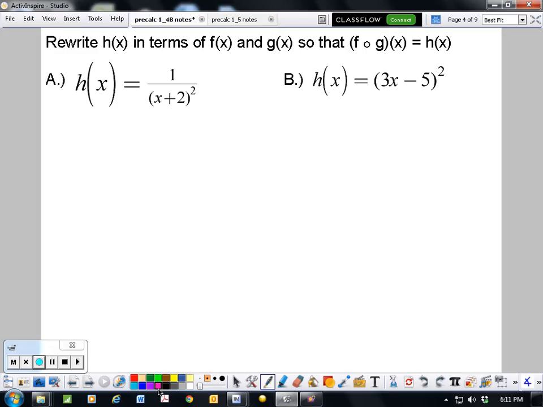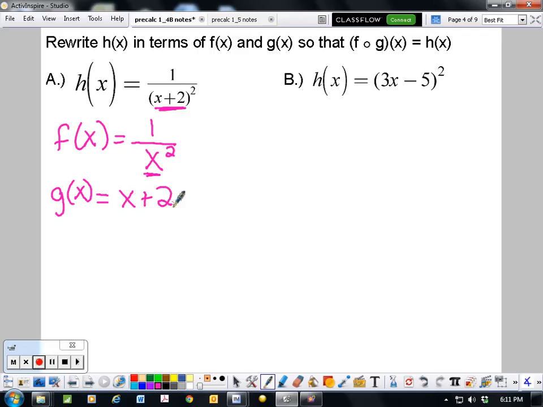So I'm going to say that f of x is 1 over x squared. And then my g is what's being put in that x spot right here. So my g of x would be x plus 2. And that's one possibility of what we could have done.